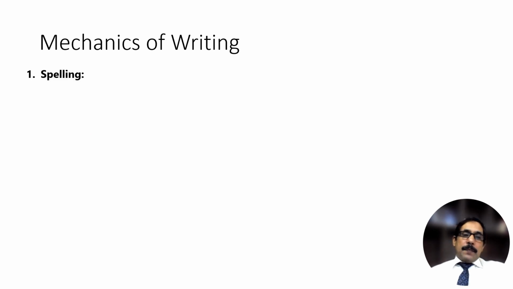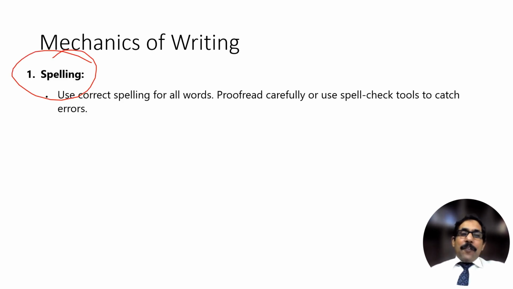Number one, spelling. Spelling of the words. Use correct spelling for all words, proofread carefully, or use spell check tools to catch errors. Because sometimes different words or different spellings cause confusion. For example, take red.